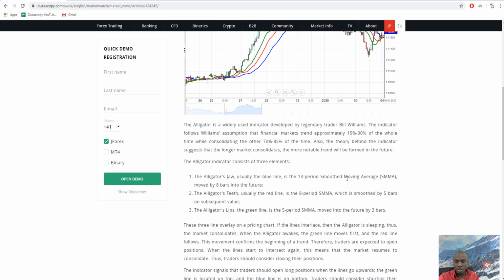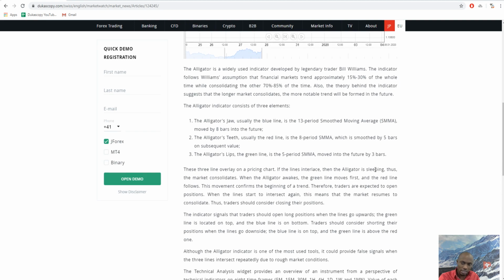The indicator follows Williams' assumption that the financial market trends approximately 15 to 30% of a whole time frame, consolidating the other 70 to 85% of the time. Also, the theory behind the indicator suggests that the longer the market consolidates, the more notable the trend will be formed in the future. That is what is written there.